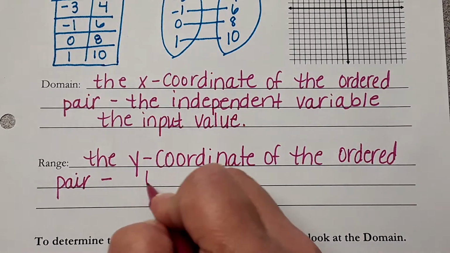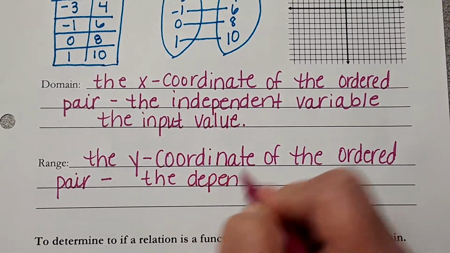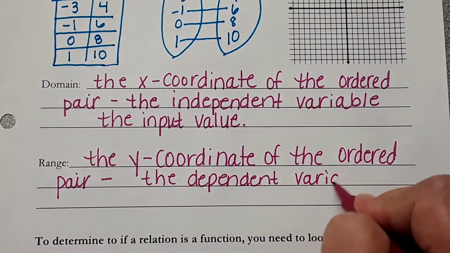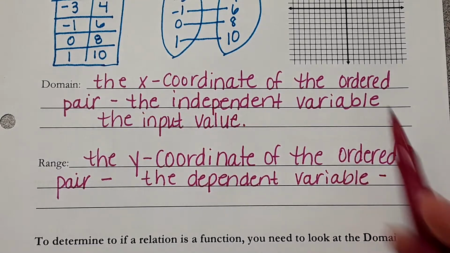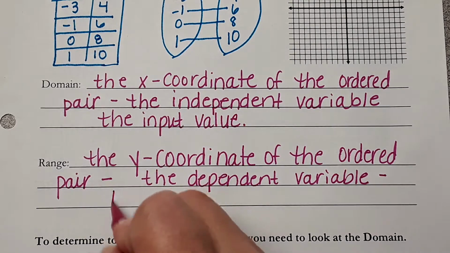The dependent variable? It is the dependent variable, yes. And if the domain is the input value, what do you think the range is? Output? Yep, it's the output value.